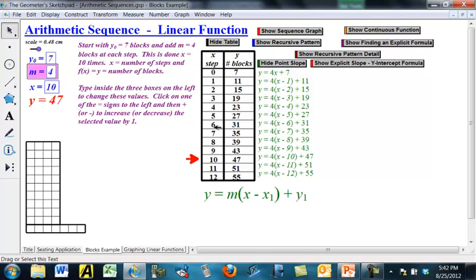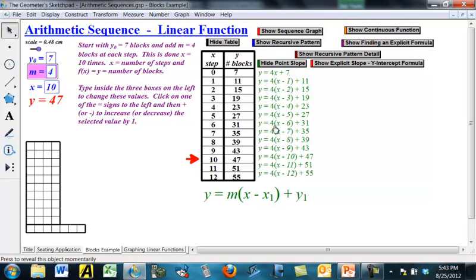If we plug in 6, 6 minus 6 is 0 times 4 is 0 plus 31 is 31. So if you have x minus whatever the x is here, notice when you plug in that x, this part's all going to go to 0, and so this number here needs to be the output that goes with that input. Now, the slope being 4, put the 4 there, and everything works out right.